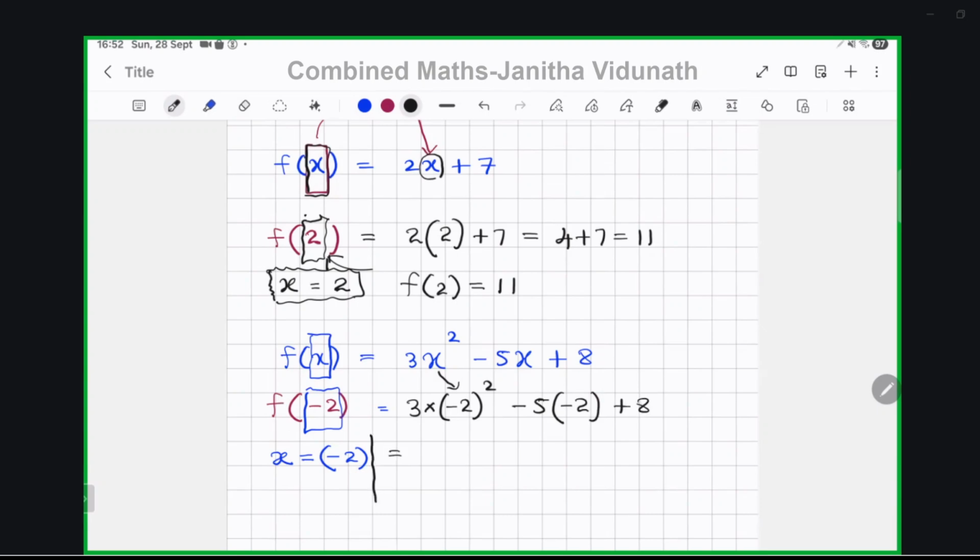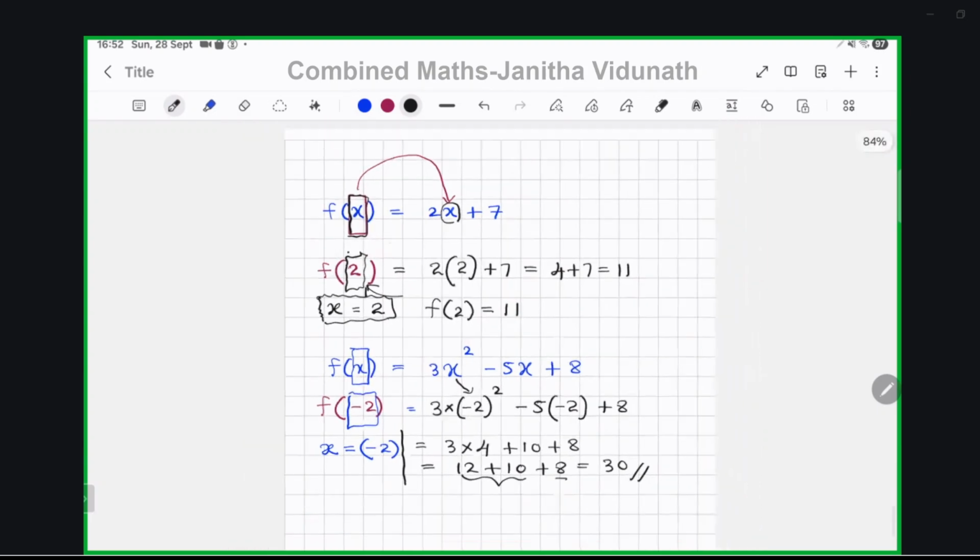We get 3 times minus 2 squared, which is 4, so 12. Minus 5 times minus 2 is plus 10, plus 8. Then we have 12 plus 10 plus 8. 12 plus 10 is 22, and 22 plus 8 means 30.